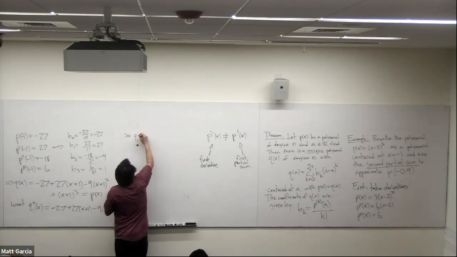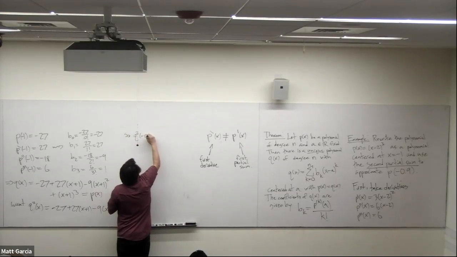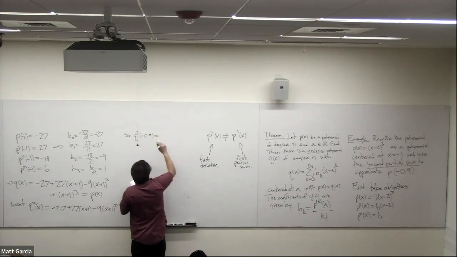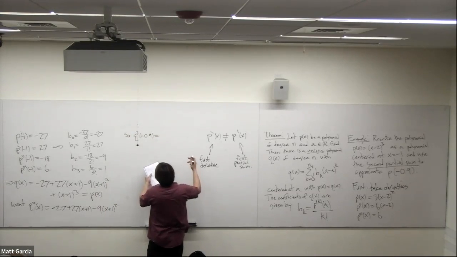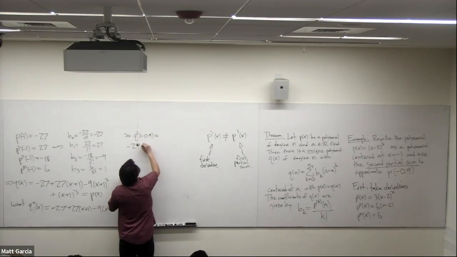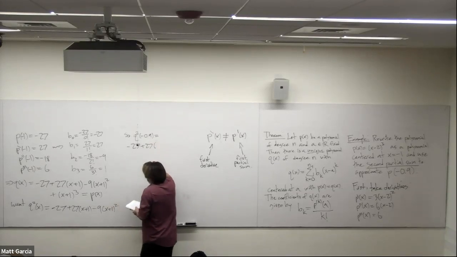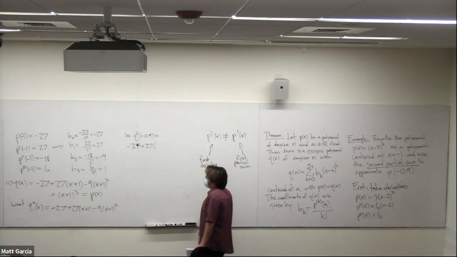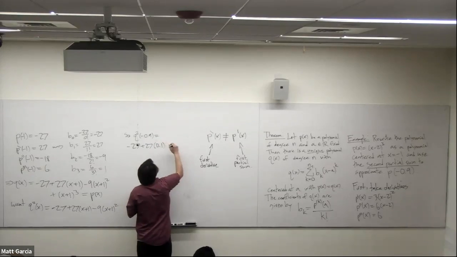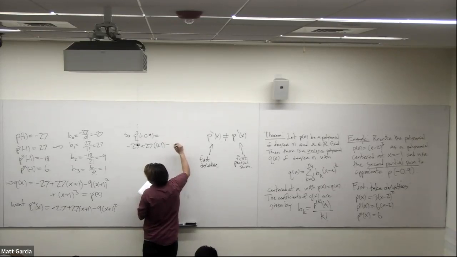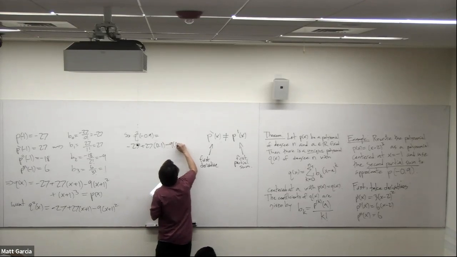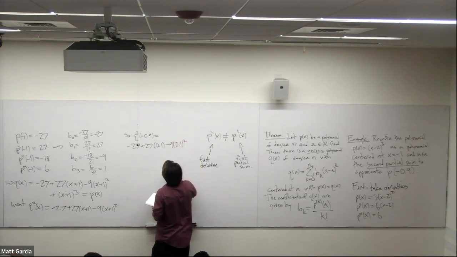So Q2 of -0.9 is equal to -27 plus 27 times what's -0.9 plus 1? Yeah, 0.1, minus 9 times 0.1 squared.